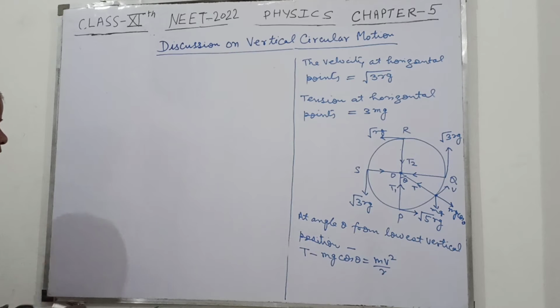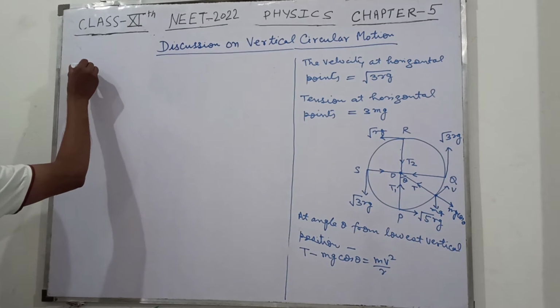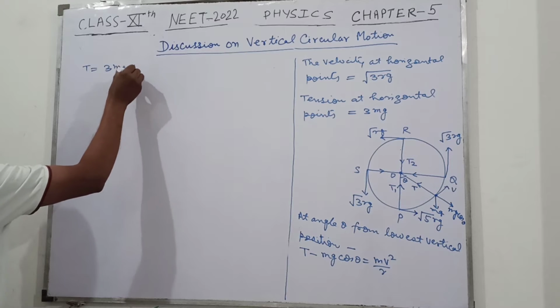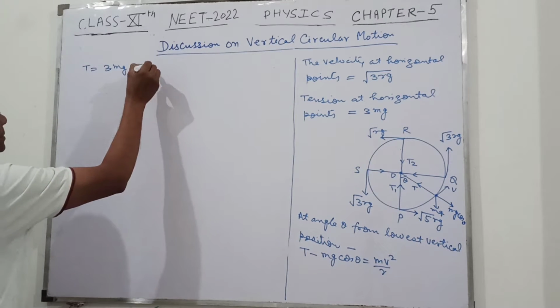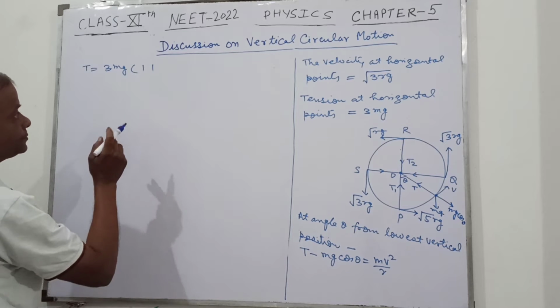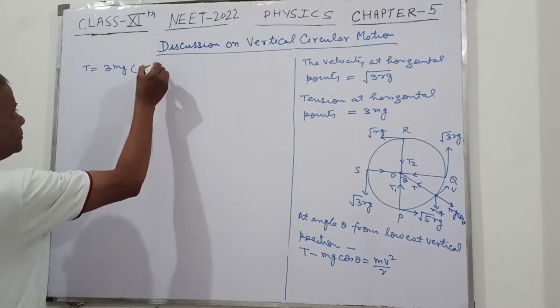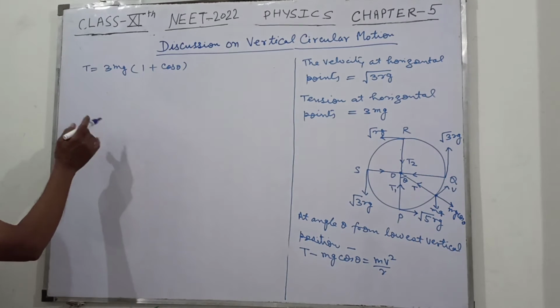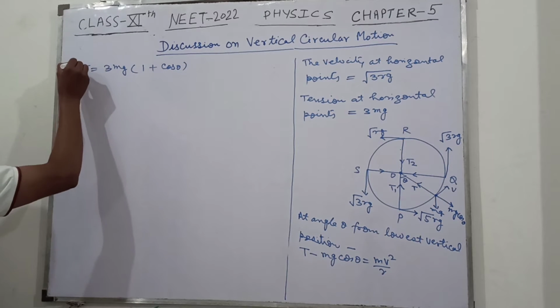If you just solve this one, then this T comes out to be 3mg into 1 plus cos theta. This is the general expression.